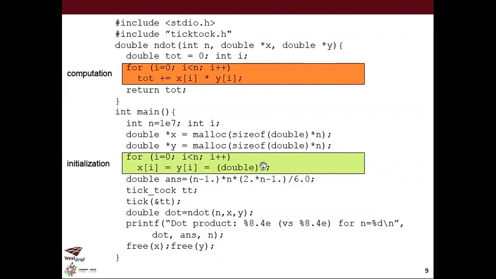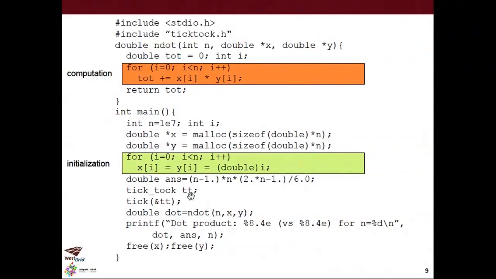This is just initialization with some sort of random values, not so much random. It's just the index of the for loop, and then it tries to calculate the real value, and then it will calculate using this n dot function, and it will compare to make sure that the result of the n dot function matches what you calculated theoretically.